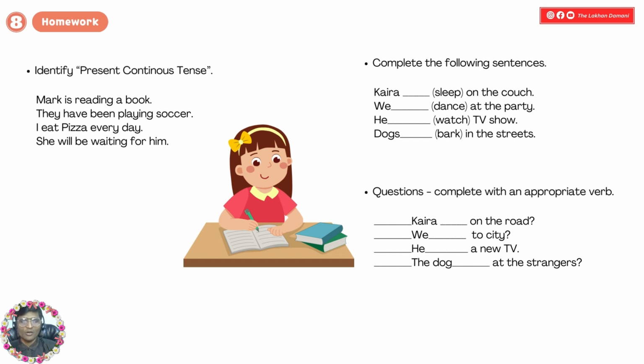Finally, you're having homework. You are going to identify present continuous tense. There are four sentences. You are going to identify which sentence is, or what are some sentences related to present continuous. Here you're completing the following sentences. You have verbs. You're going to use them with correct sentence structure. This is a good practice. Last one, these are questions you can complete with an appropriate verb.